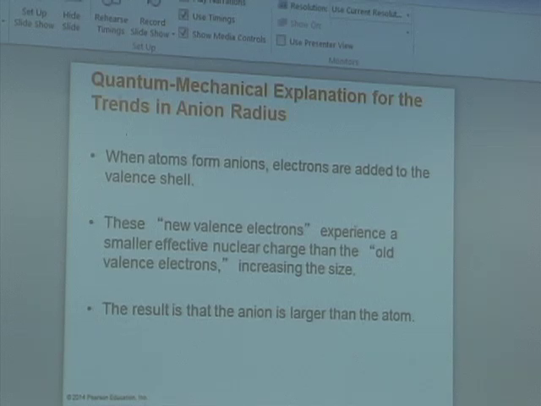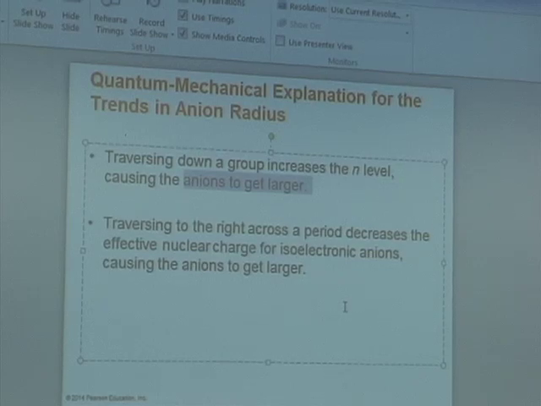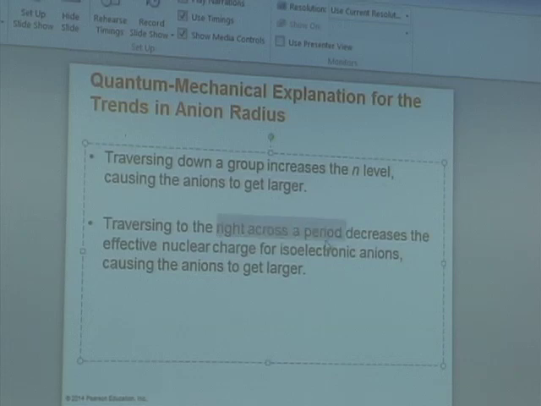And then trends in the anion radius: when atoms form anions, electrons are added to the valence shell. And we saw that. So traversing down the group causes the anions to get larger. Going to the right across a period will decrease the effective nuclear charge, causing the anions to still get larger.